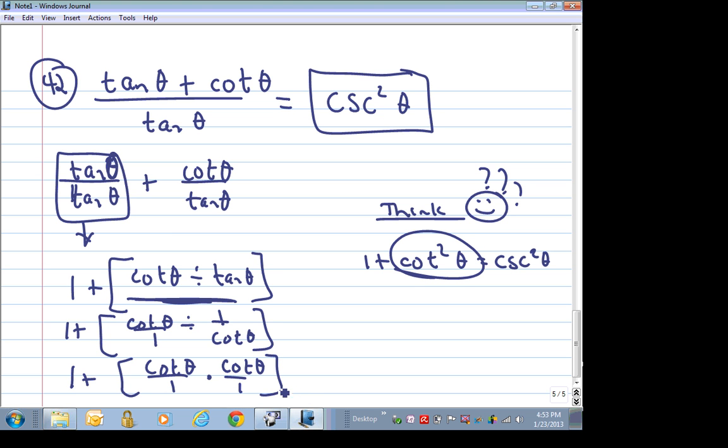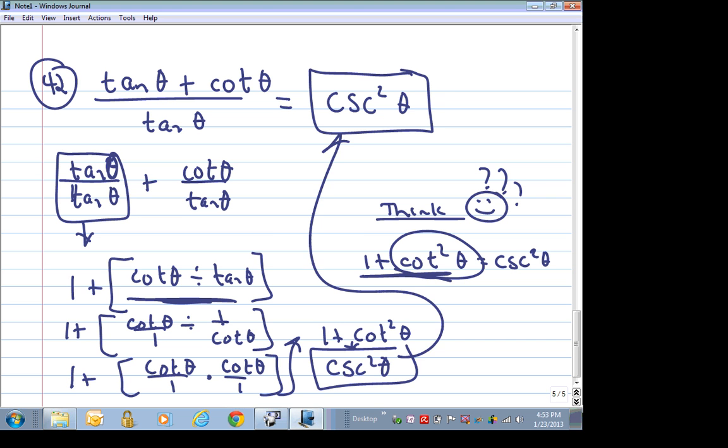We're getting somewhere. So now what am I going to do? I am going to go 1 plus cotan times cotan all over 1, which would be cotan squared theta, which we now know is cosecant squared theta. And I'm just following down, so that in fact is proof that this is equivalent.